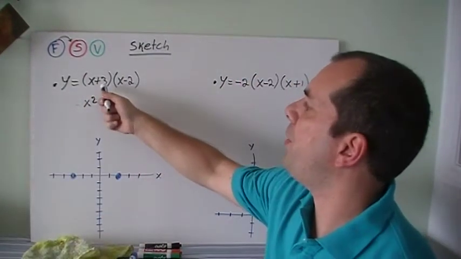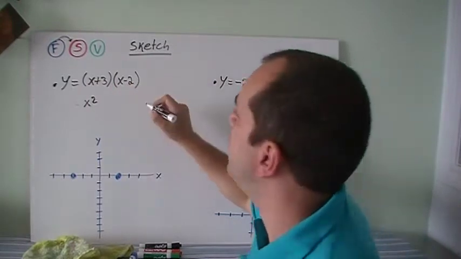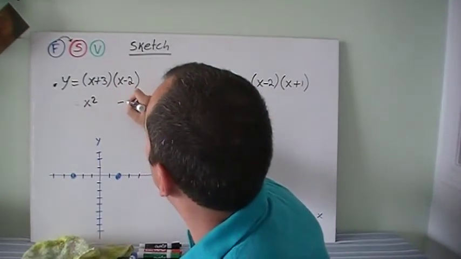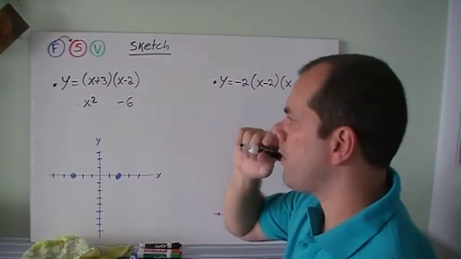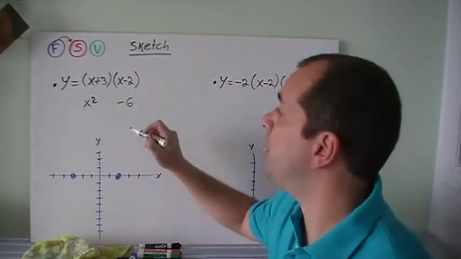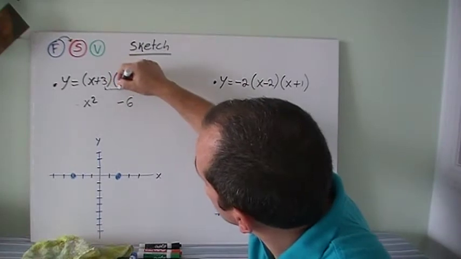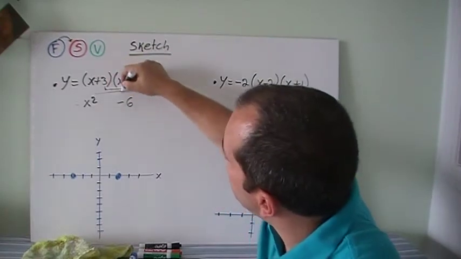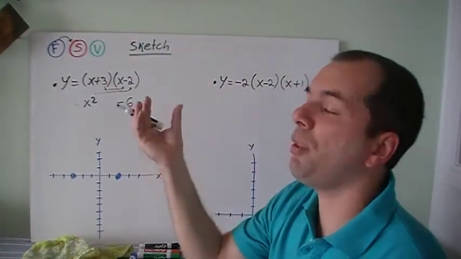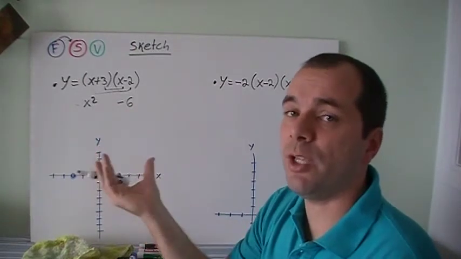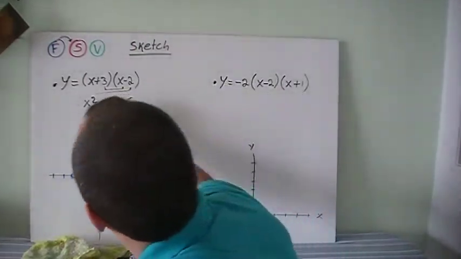And 3 times -2 is going to give us -6. And then there's the middle term, which is going to be the 3x and the -2x.